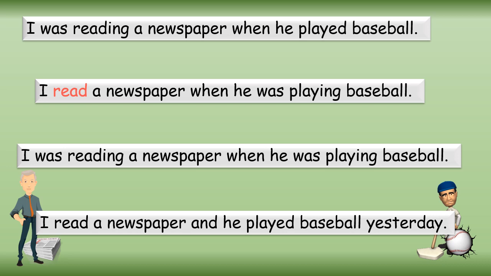Now, here's the same information in simple past tense. Try to ask me the question. The answer, I did. The question, who read a newspaper? The answer, a newspaper. What did you read?